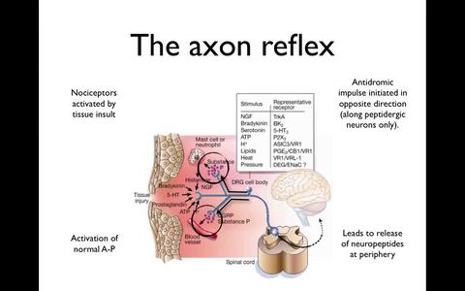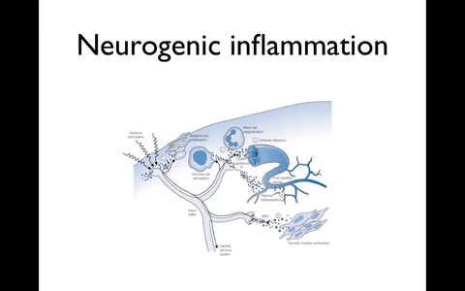We talked about the peptidergic versus non-peptidergic. This is that percentage of C-fibres and A-delta fibres that have neuropeptides as a neurotransmitter. So these can have this antidromic impulse, which we call the axon reflex, and that will release these neuropeptides into the periphery. This leads to what we call neurogenic inflammation, so inflammation caused purely by the nerve cells.